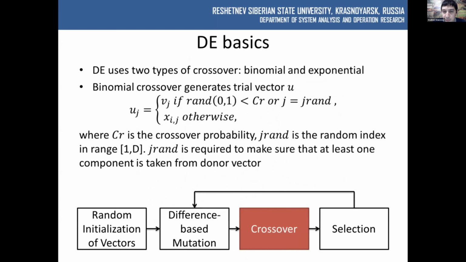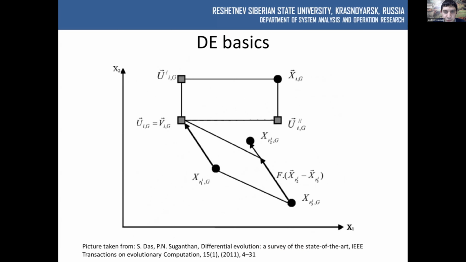The next part is crossover. We just take our new vector and combine some parts of it with the current individual xi. Also a really simple scheme. In the picture you can see how it works. In the top right corner is the current point xi, and the bottom left point is the mutant vector vi.